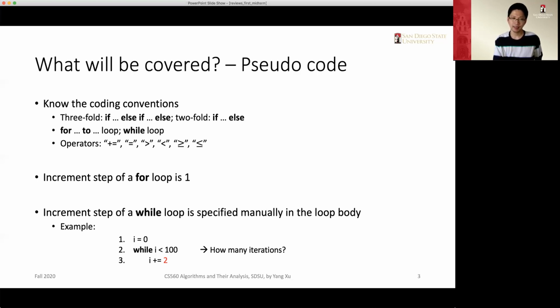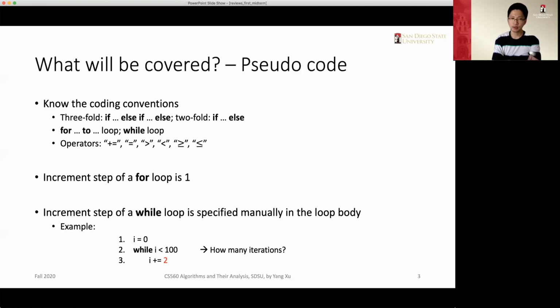Something that is important, but I didn't emphasize too much in the lecture, is that by default the loop counter of a for loop increases by one within each iteration.